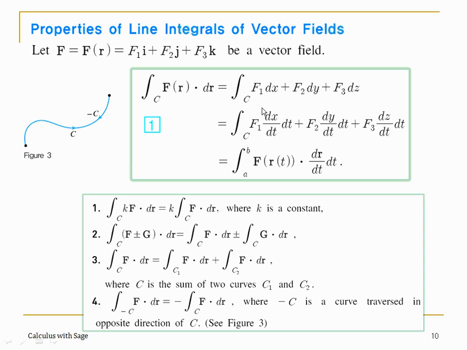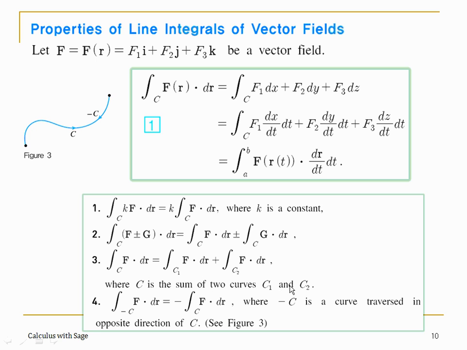With this integration, from the definition of integration, we have these properties. The scalar multiple can come out, its homogeneity and linearity hold, and if C consists of C1 and C2, then we can split in this way.